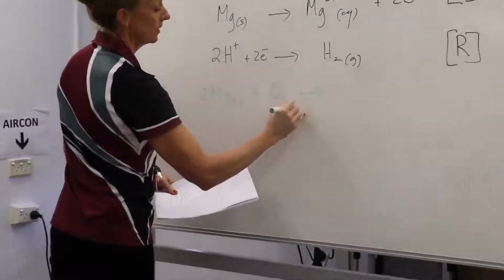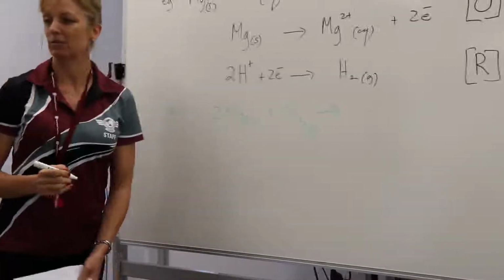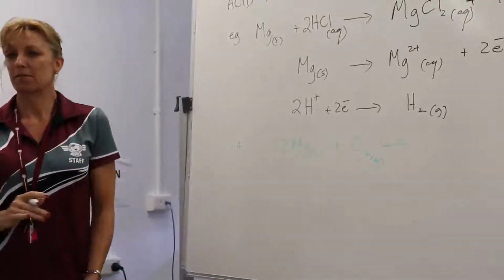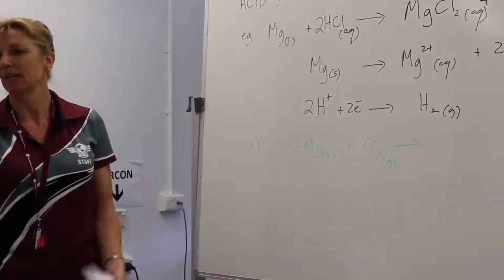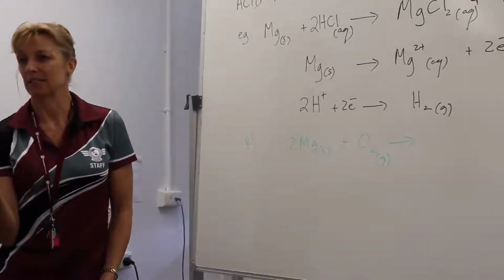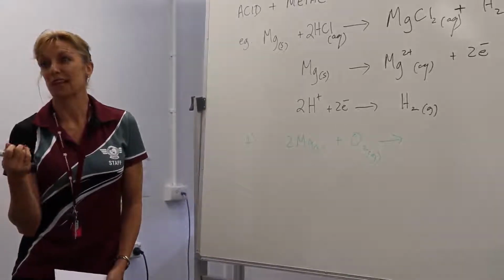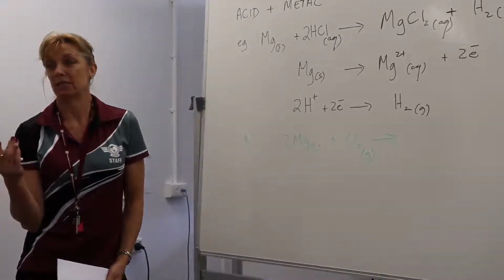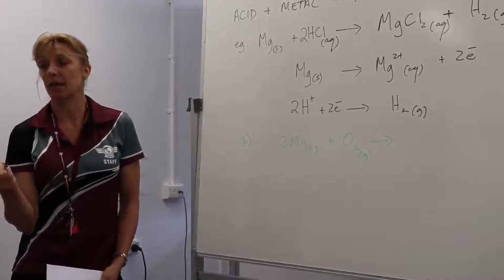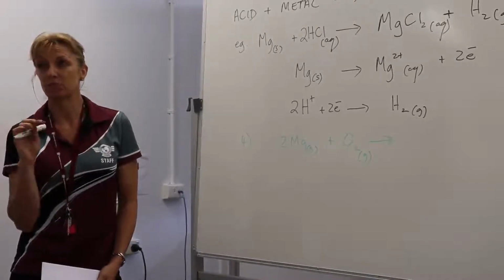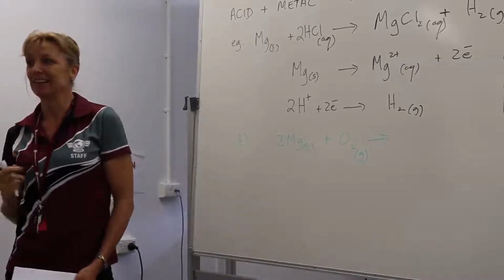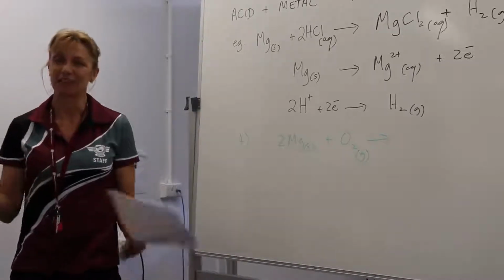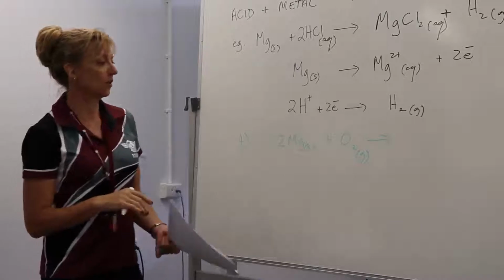So if you're in a normal face-to-face school, in a lab, one of the favourite experiments is to get a strip of magnesium and burn it in the Bunsen. It goes a really bright white light. It's so bright that you have to wear special polarized dark glasses, otherwise it burns the back of your retina and can cause sight damage.